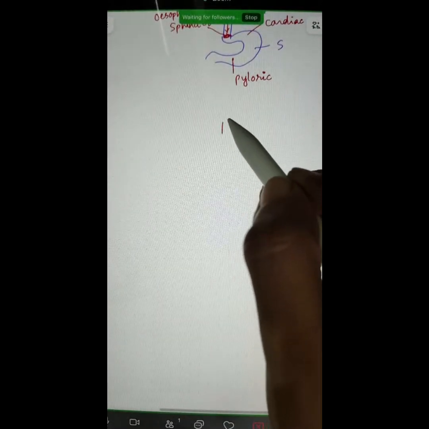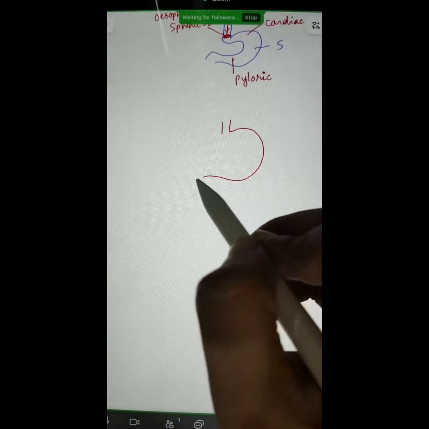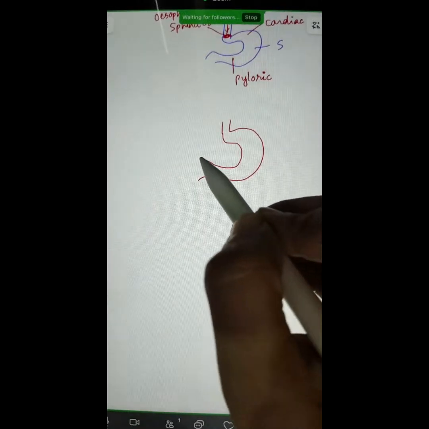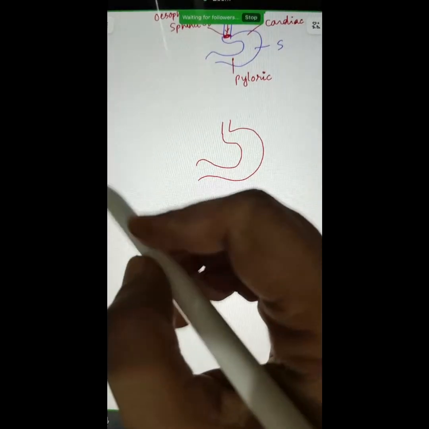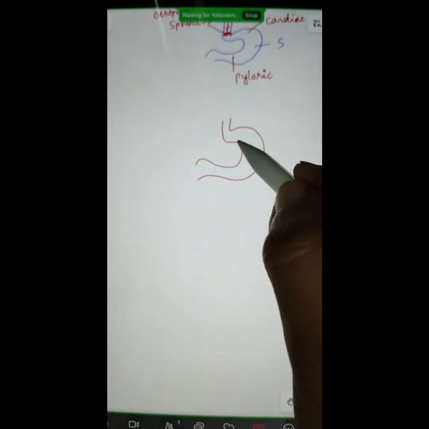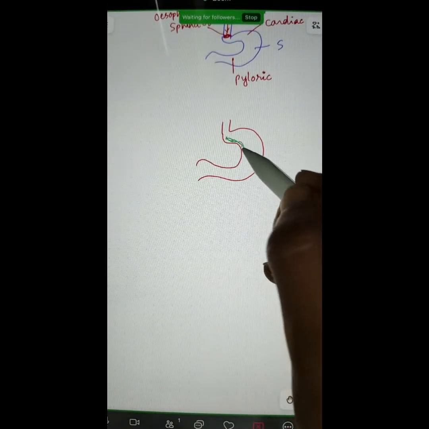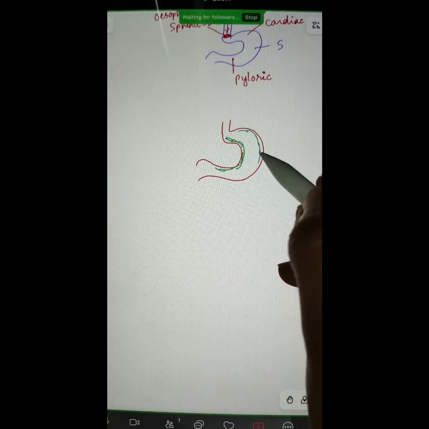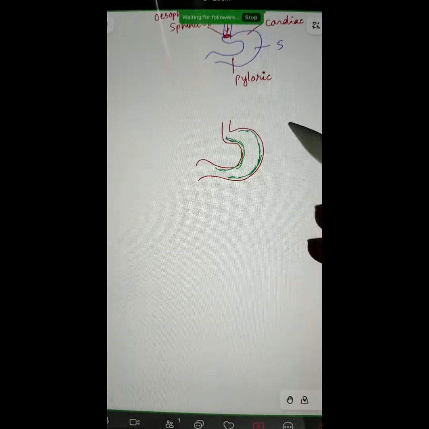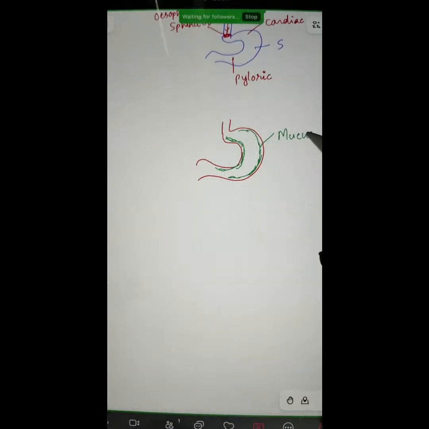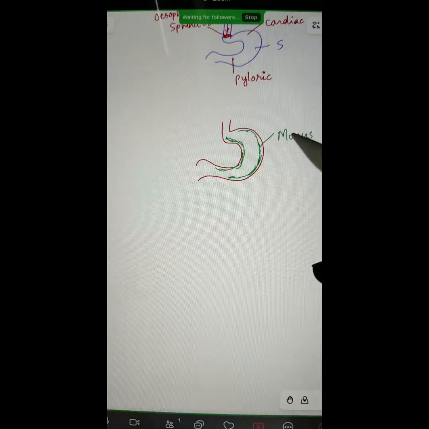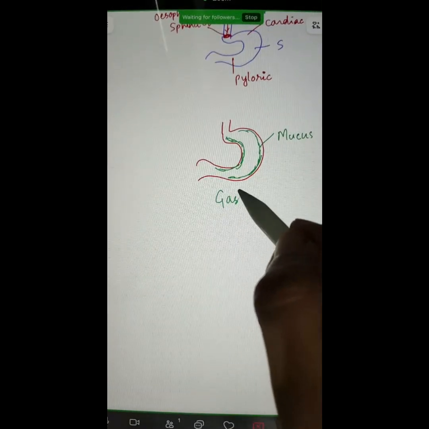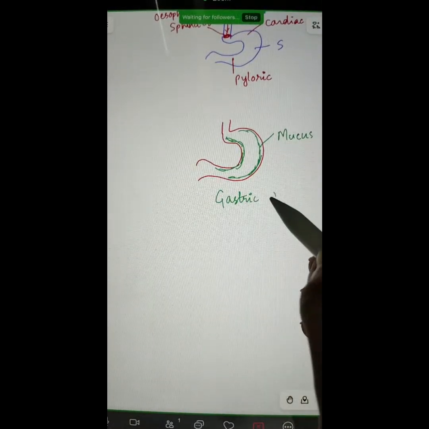Now, next part. So again, the diagram of the stomach. It is a bean shaped organ, right? And the boundary of the stomach is lined by mucus, right? Here, by this green lining, I have depicted mucus. This is being produced by the gastric glands.